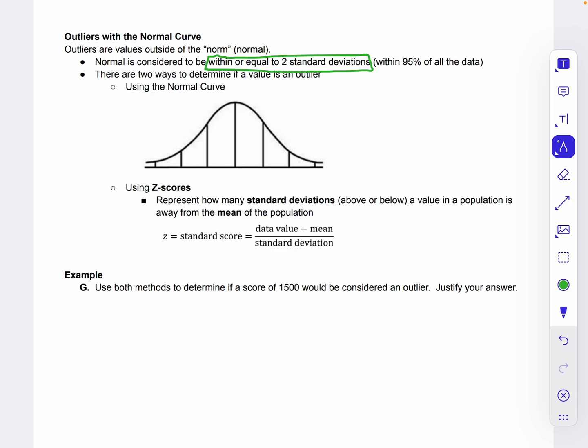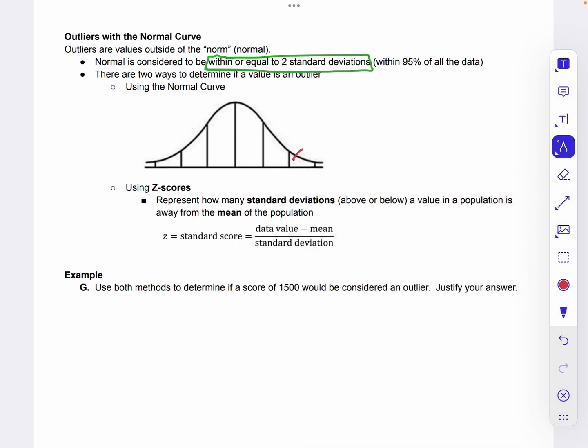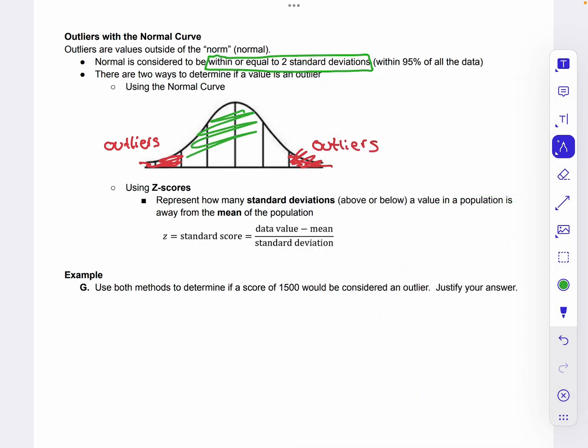That's 95% of all the data, which means anything that falls above or below that is going to be our outliers. In this case, these are my outliers in red. And anything in the middle here, you're good, you're normal.